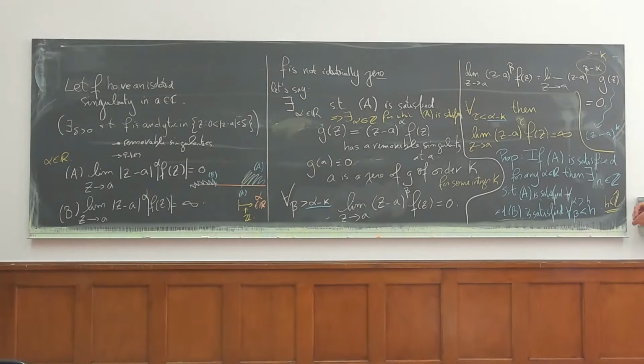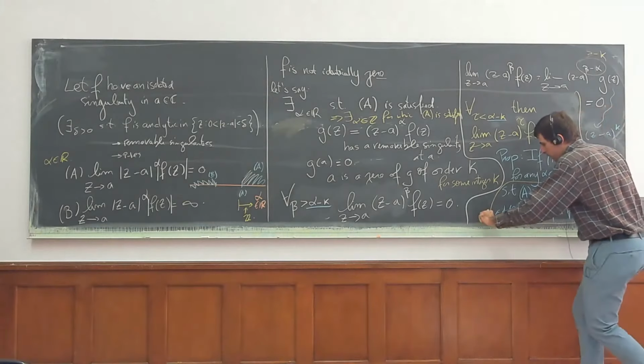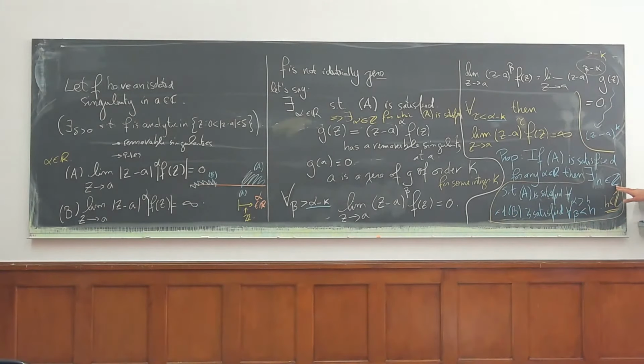Okay, so now, before I erase, the important picture is that there exists some integer h such that a is satisfied for all alpha bigger than h, and b is satisfied for all beta smaller than h.